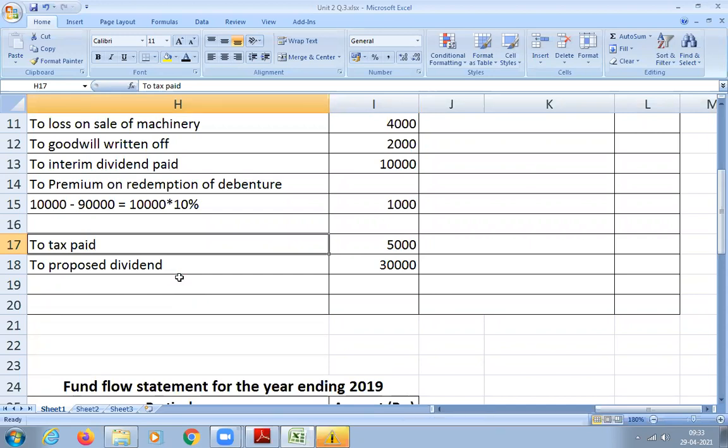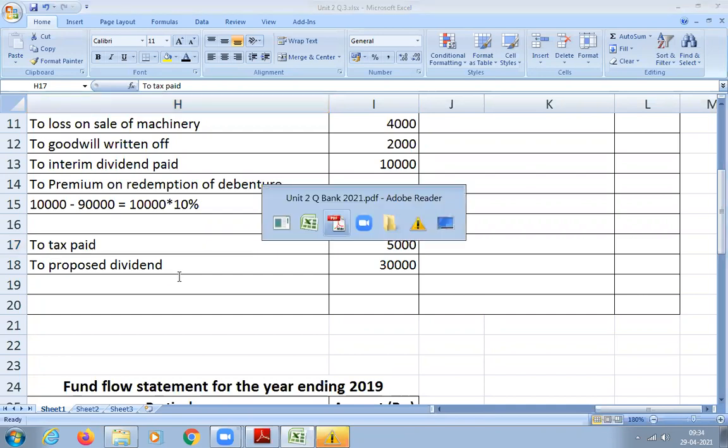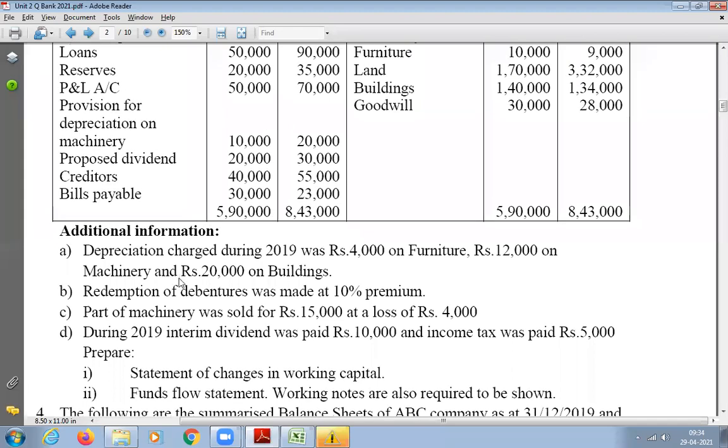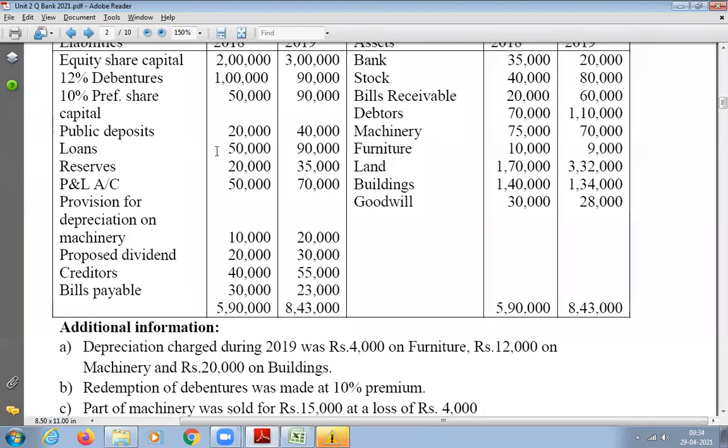Just imagine the profit and loss appropriation account. So what all comes on the debit side? Sir, reserve is increased by 15,000. Yeah, so that means the reserve has increased. How much has it increased? 15,000. So when will the reserve increase? When the profit increases and that profit is transferred to the reserve fund.